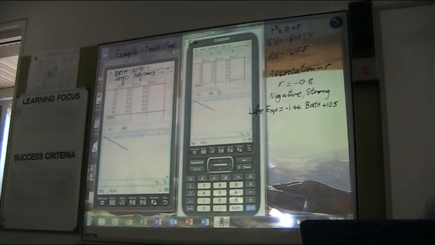All right. And there's drawing it again, it flashes that up. Correlation coefficient, already talked about that. The R squared.